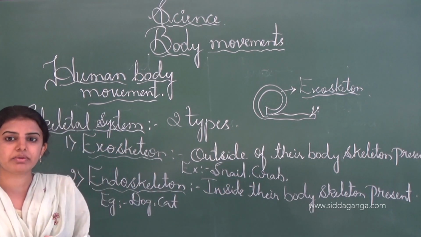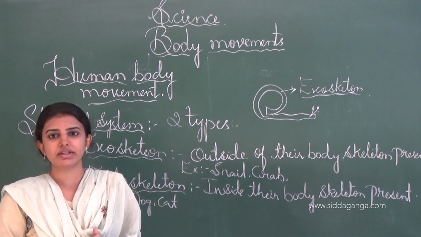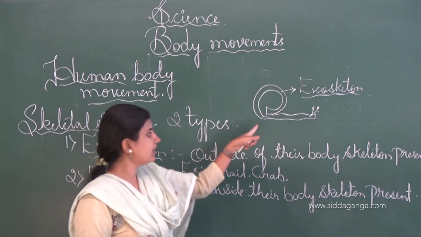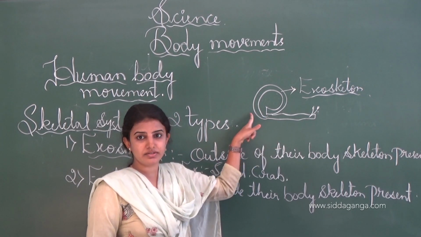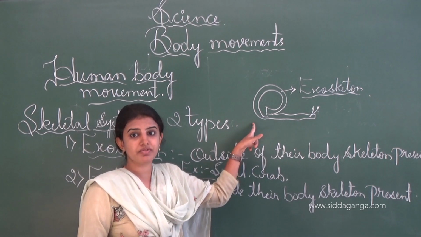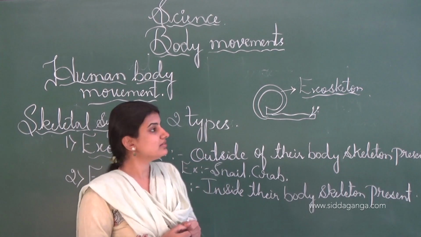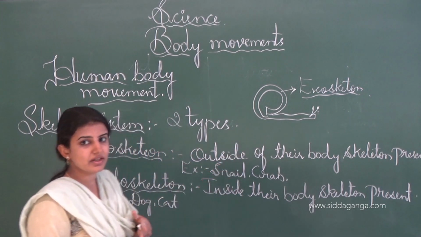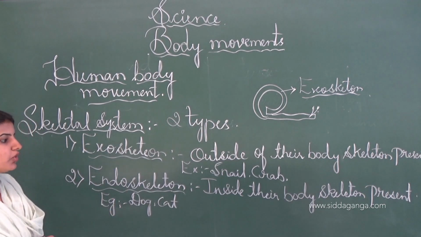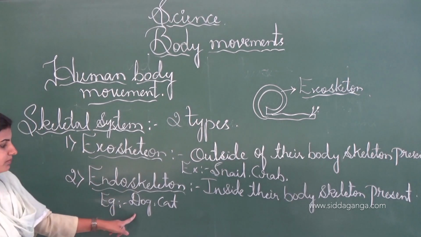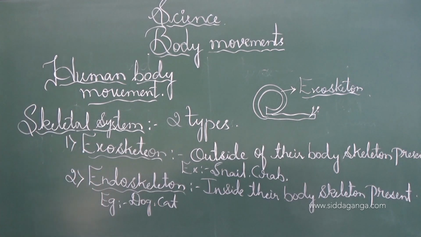The outer part of their body is thick in nature, and this is nothing but the skeleton. In a snail, the outermost part is the shell, which is a skeleton, and this type of skeleton is called exoskeleton, outside the body. Whereas in the endoskeleton, the skeleton is present inside their body. Examples are the dog as well as the cat.